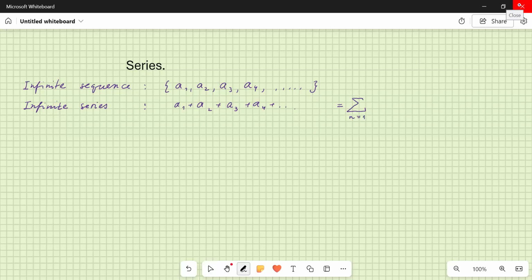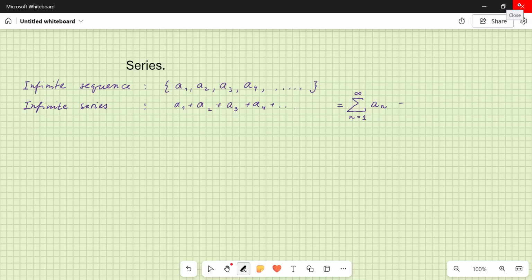In the bottom, we are going to label the first term, the number of the first term. If you start with term number one, usually it's n equals 1. And if your series is infinite, you are going to put infinity over here, which means that there is no ending term. And you are just going to show the general term under this sum, and that's going to be a short way to write down the series.